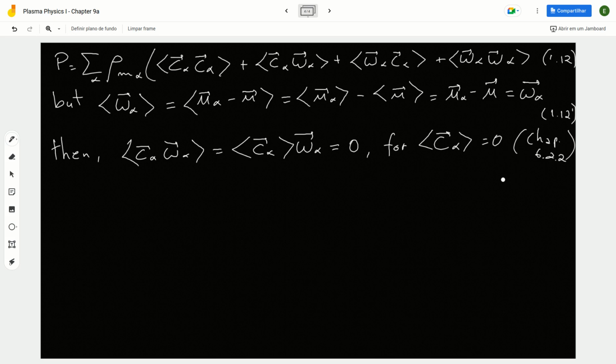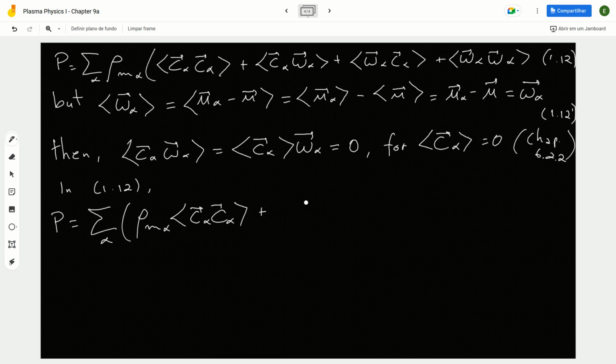Let me check it. So we may rewrite equation 1.12 as P. In this case, the pressure will be alpha of rho C. So we end up with fewer terms. This plus then this times this, right?